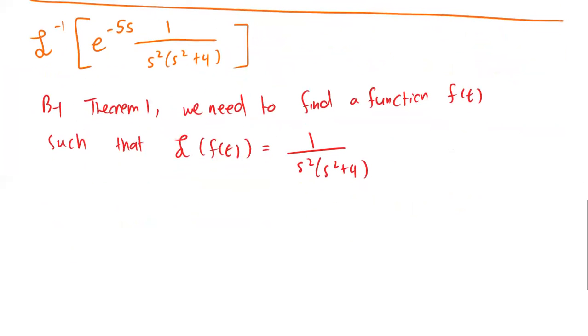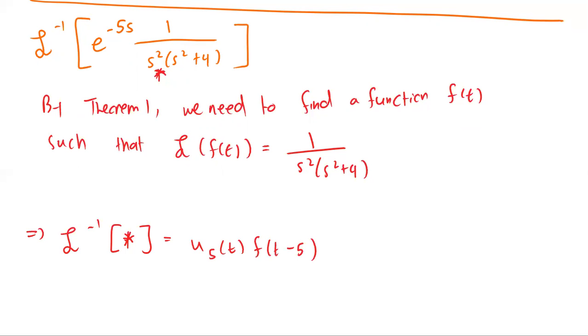Once we have that, the Laplace inverse, let me call this whole thing asterisk, is by theorem 1 going to be equal to u sub c of t, where c is 5 because it's negative cs, times this function f of t that we're going to find, just shifted 5 units to the right.